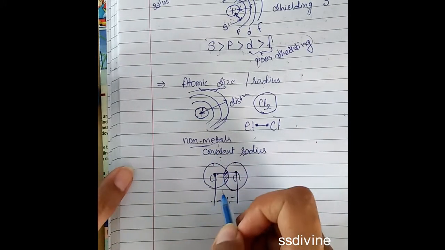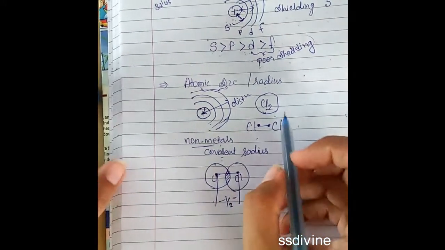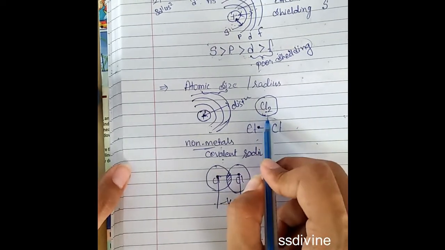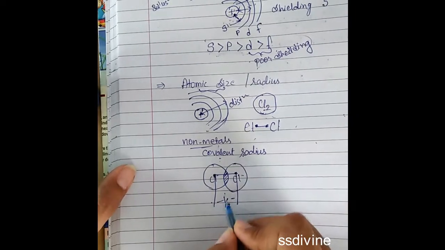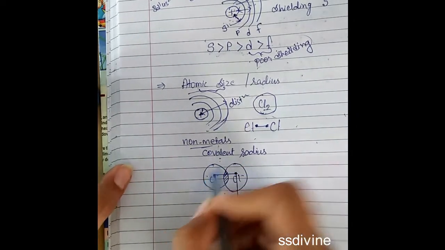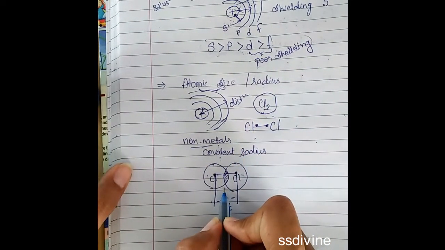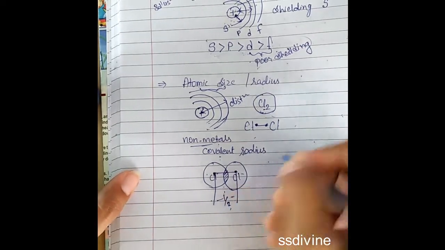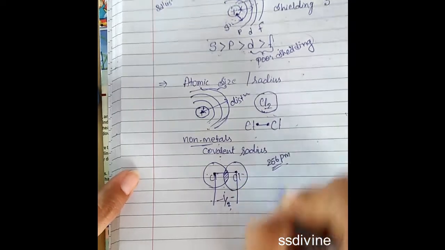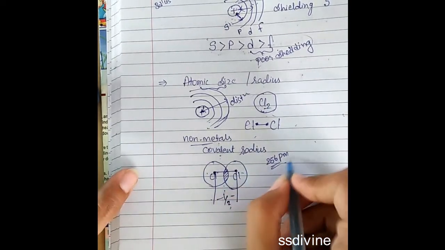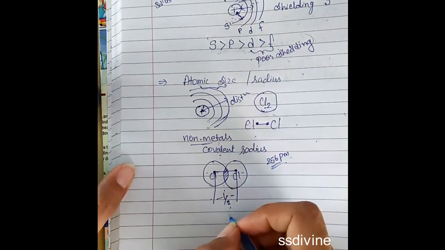We know that non-metals are generally found in gaseous state or solid state and in diatomic form. So the distance between two chlorine atoms, and half of the distance will give the atomic radius of this chlorine, right? For an example, if this distance is found to be 256 picometer, what will be the radius?